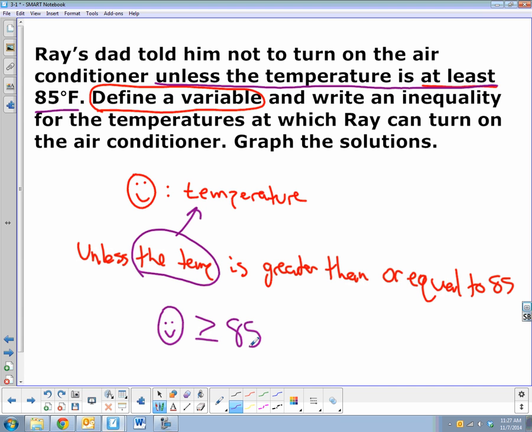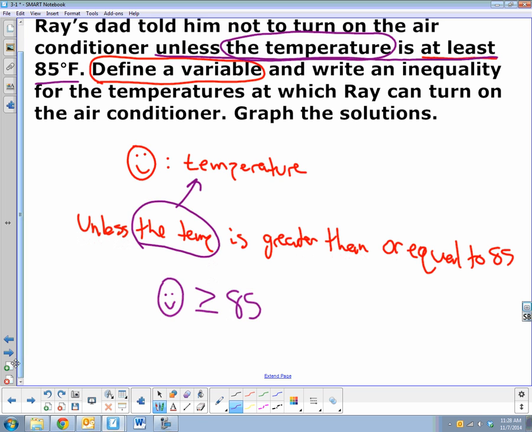When you're looking at these problems, the inequality is spelled out exactly the way it needs to be written. Unless the temperature is at least 85 degrees. The temperature we defined as smiley face. At least means greater than or equal to. 85 is 85. I've got my inequality.